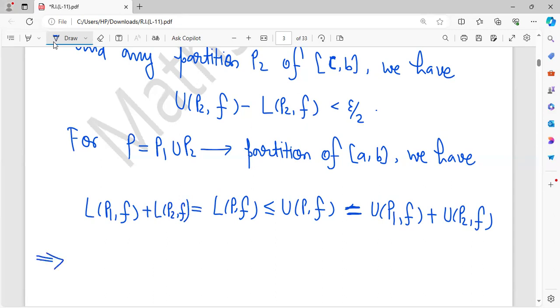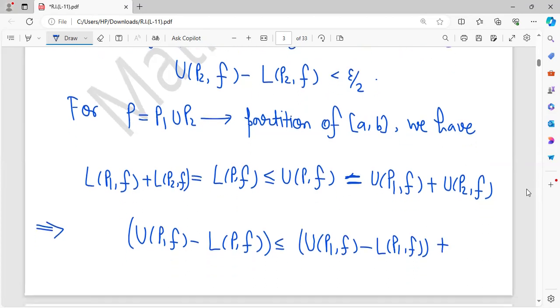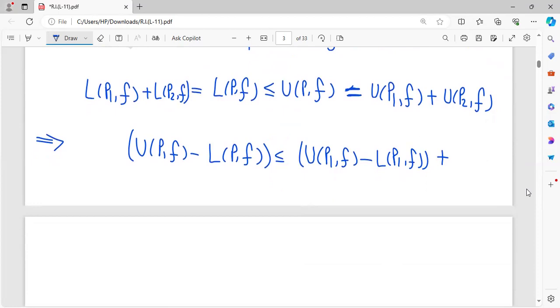So this implies U(P, f) minus L(P, f) is less than or equal to U(P1, f) minus L(P1, f) plus U(P2, f) minus L(P2, f). But each of these is less than epsilon by 2.